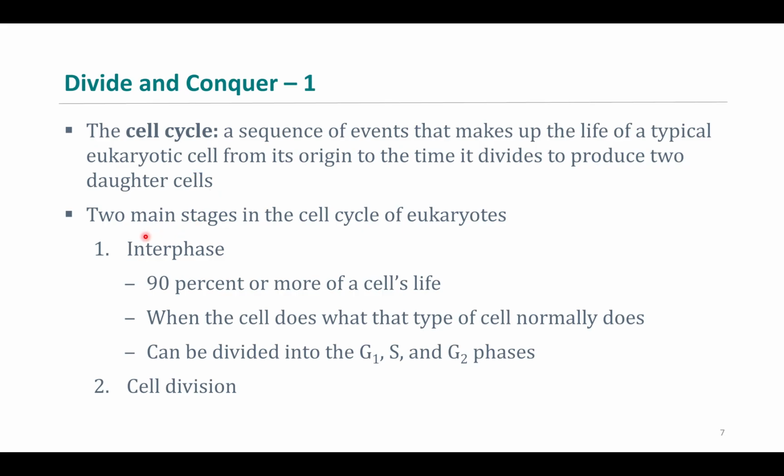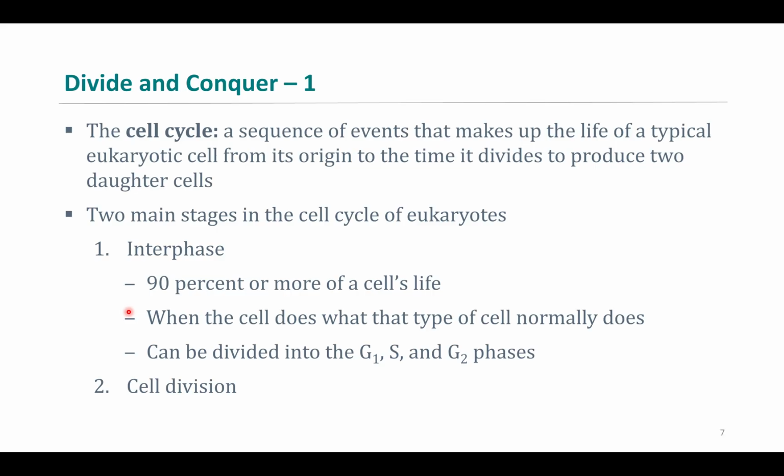There are two stages in the eukaryotic cell cycle: interphase and cell division. Most of the cells in our body, or in any eukaryote, are in interphase. Pretty much 90% of the cells are in interphase. When the cell is in interphase, it is doing what it is supposed to do.